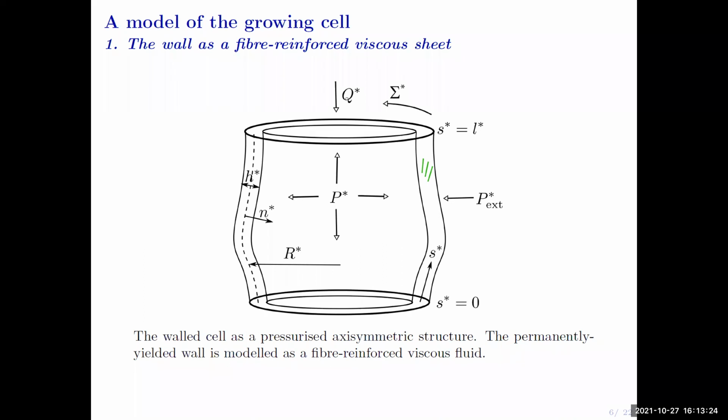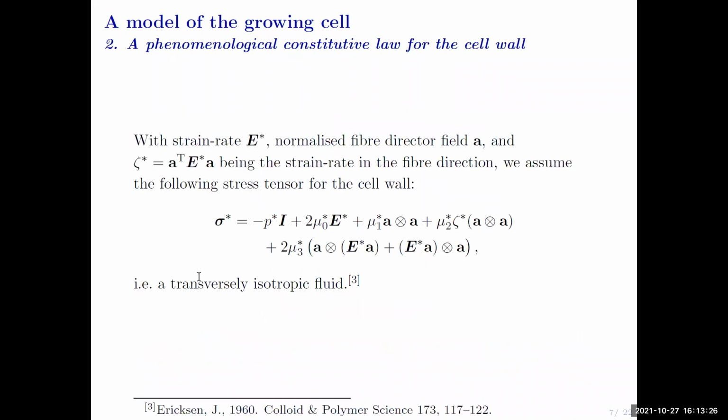And now we can dig into the actual constitutive law for the cell wall. And we're not going to pluck it out of thin air. We're going to use a well-established phenomenological law from Ericksen 1960, which describes a transversely isotropic fluid. So an important point to make is that it's most helpful not to think about the CMF as a separate entity and the ground matrix as a fluid that flows.